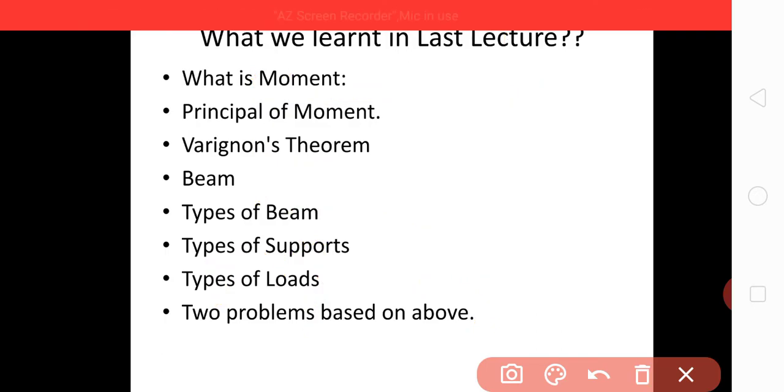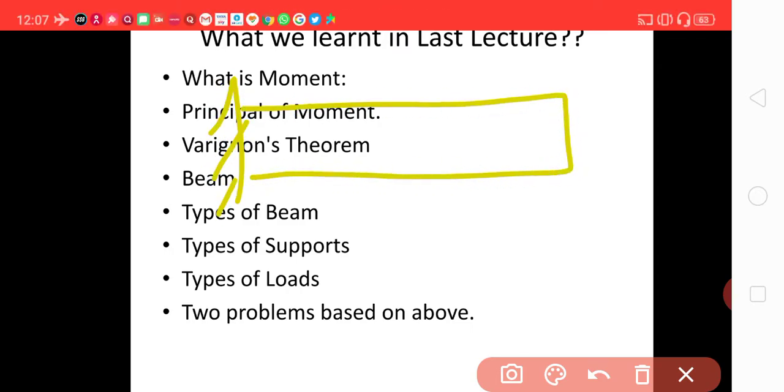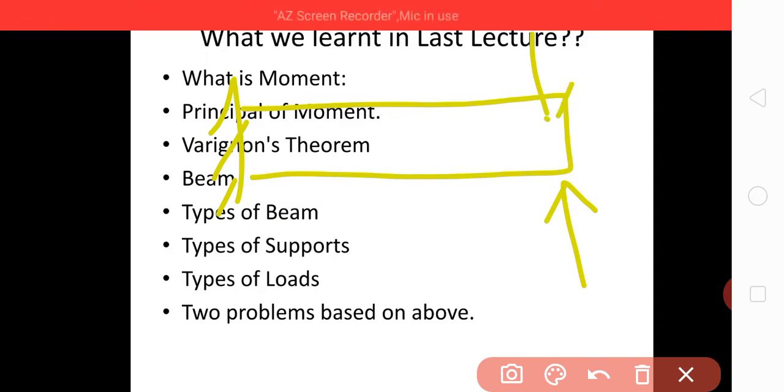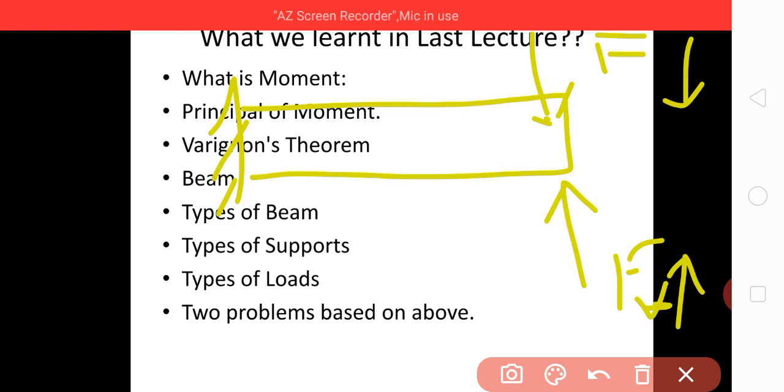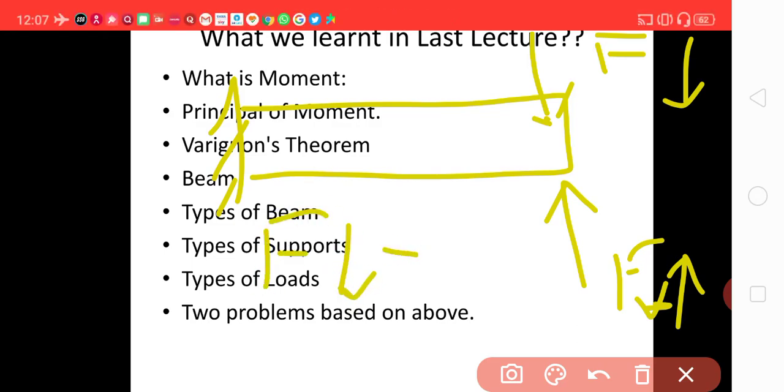Now again take the same scale and try to rotate it by applying a force from this direction and from the top. This force and this force must be equal and opposite: F vertical upward and F downward should be equal.